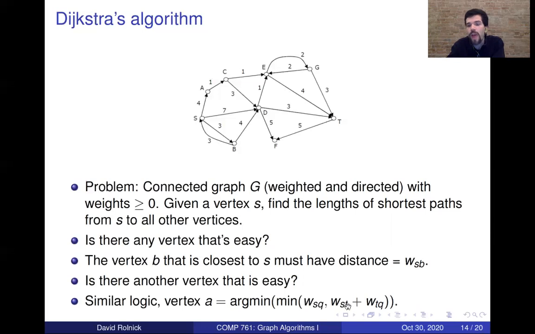This should be WSB plus WBQ. I'll correct that in the posted slides. So this is the distance if you go directly to Q, and this is the distance if you go via B to Q.